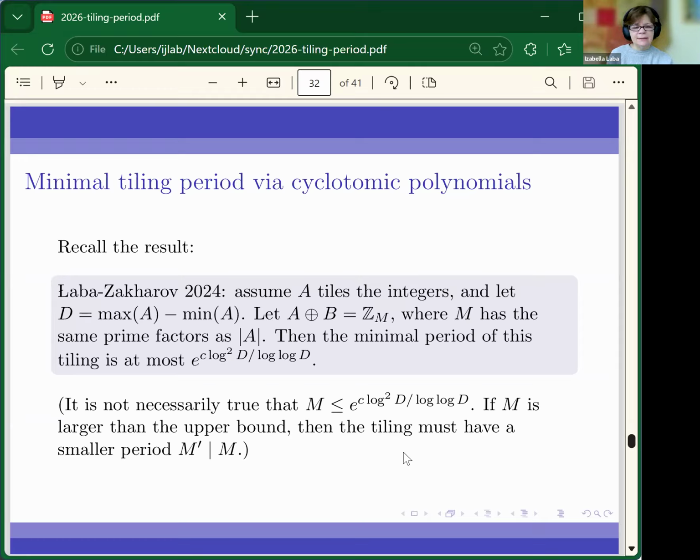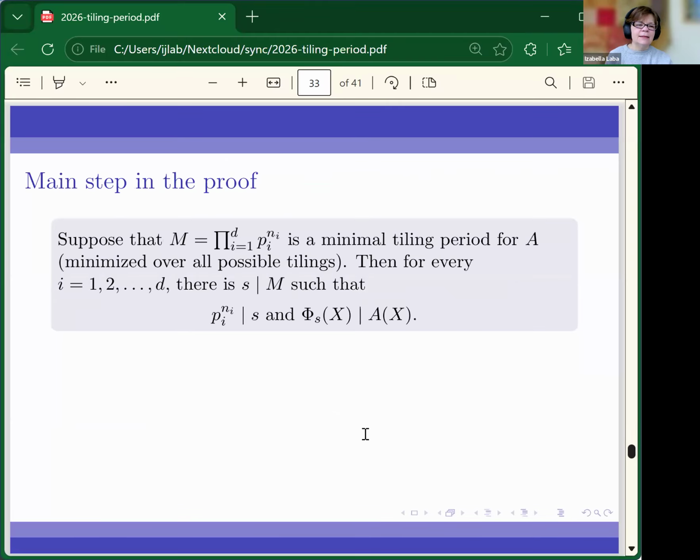One thing I want to note is that M does not have to be less than the minimal period I stated here, but if it is larger, then this means that the tiling actually has a smaller period that I can identify.